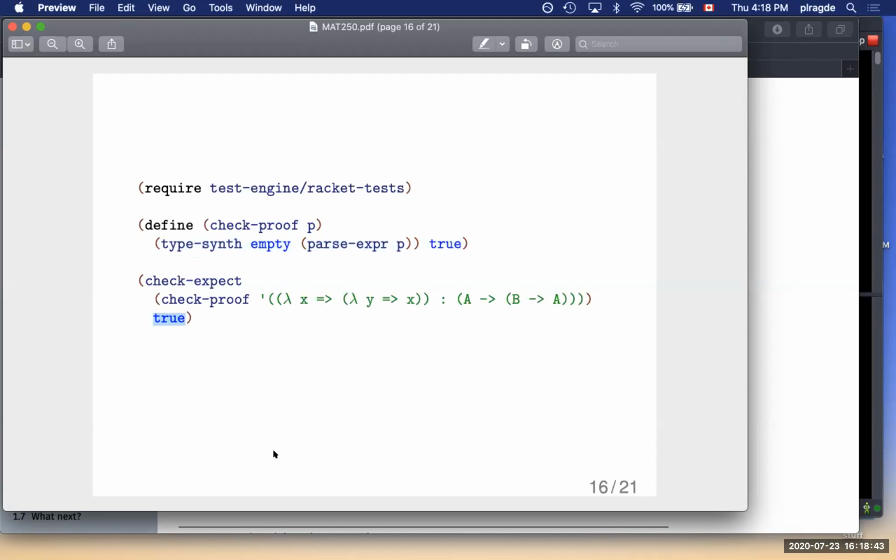So if our test succeeds, then the check-expect will say, yeah, test succeeds. If our test fails, it's going to be because type synthesis failed, and it's going to be because this term does not have this type.